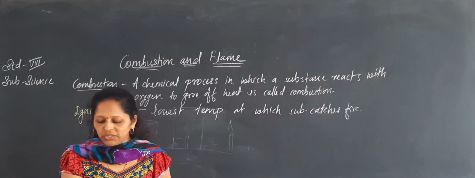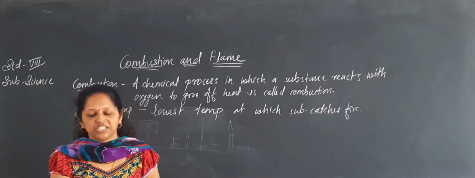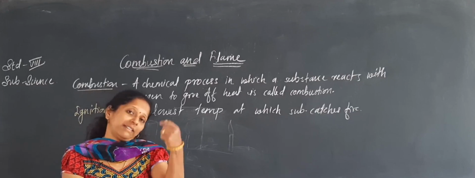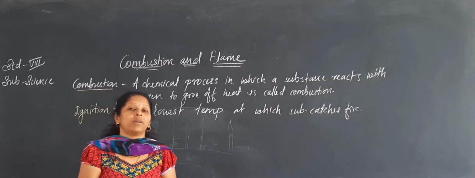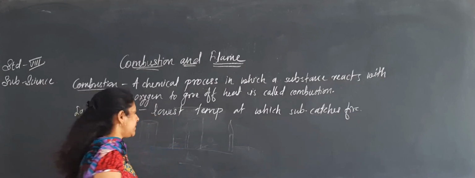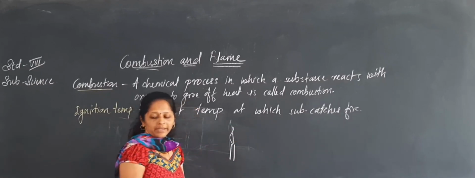The following activity shows that it is essential for substances to reach the ignition temperature. Whenever the ignition temperature is not reached, the substances do not burn. Here is one activity by which you can understand what ignition temperature is. In this activity, take a burner or a candle.